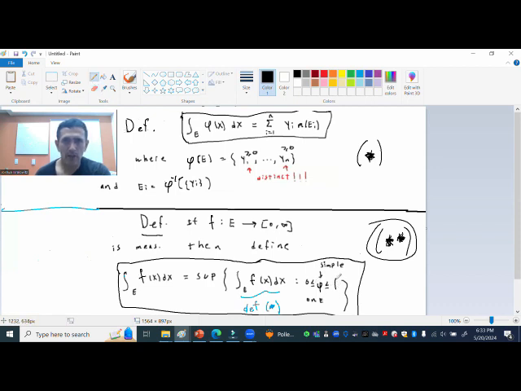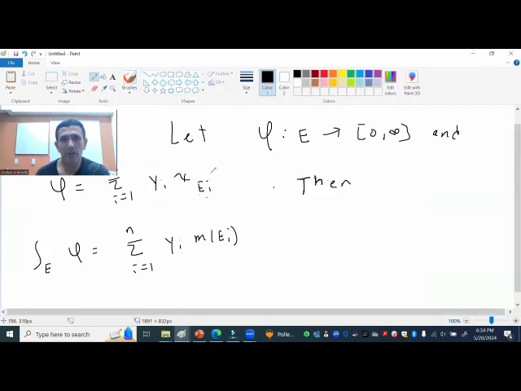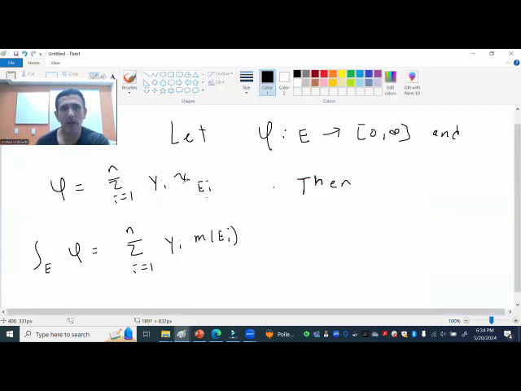Right, so we had this definition of a simple function, where this is the canonical decomposition of my simple function. Though, as I just proved, it really doesn't have to be. You can write it in any way you want as a linear combination of characteristic functions and integrate as you would expect you should be able to.